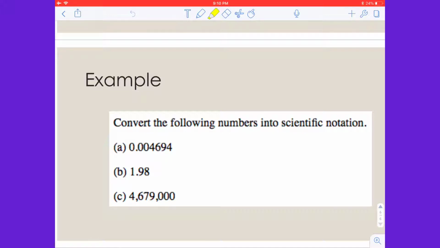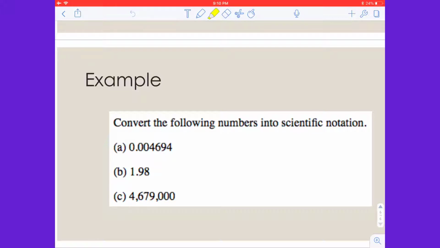And so I want to get the decimal between the 4 and the 6. That means to the right, I'm going to move 1, 2, 3 places. Since I'm moving to the right, that would be a -3. So my final answer should be 4.694 times 10 to the -3rd power.